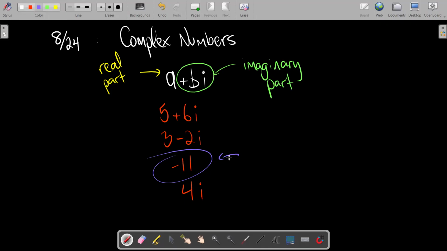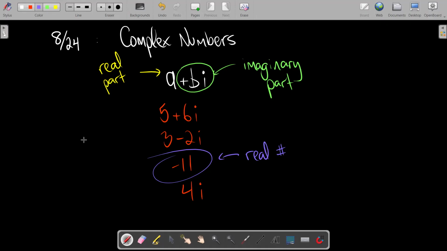It's a real number. It is still a complex number, just to kind of beat that horse to death. All numbers are complex numbers, but one might fall more specifically into one of the subsets, and one of the subsets is reals. And so this is what we call a real number. If you have no imaginary part, you are still complex, but more specifically, you are a real number.